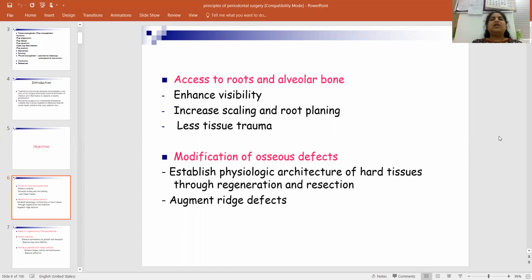Accessibility to roots and alveolar bone, where by the flap we can enhance visibility and increase scaling and root cleaning, with less tissue trauma, and modification of the osseous defects, establishing a physiologic architecture of our tissues through regeneration and resection, and to augment the ridge defects.